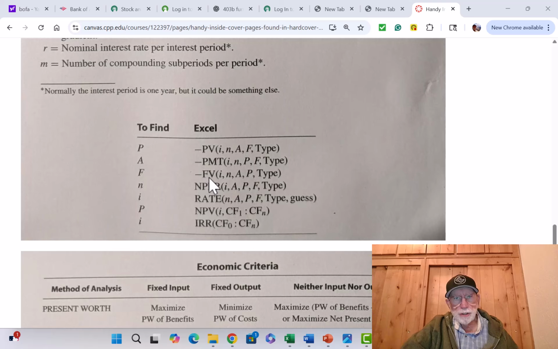But the Excel function FV, where you put in the arguments I, the interest rate, N, the number of periods, A, the uniform series or payment, if there is one, or P, the present value, and then type of cash flow. In this case, the default is what we'll use, 0. And this Excel function will give you the answer. So let me go to the Excel spreadsheet and talk about this a little bit more.